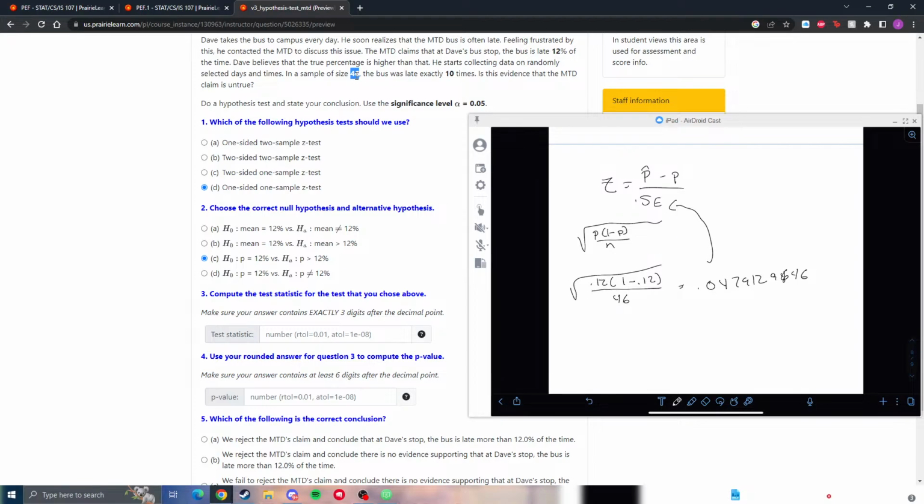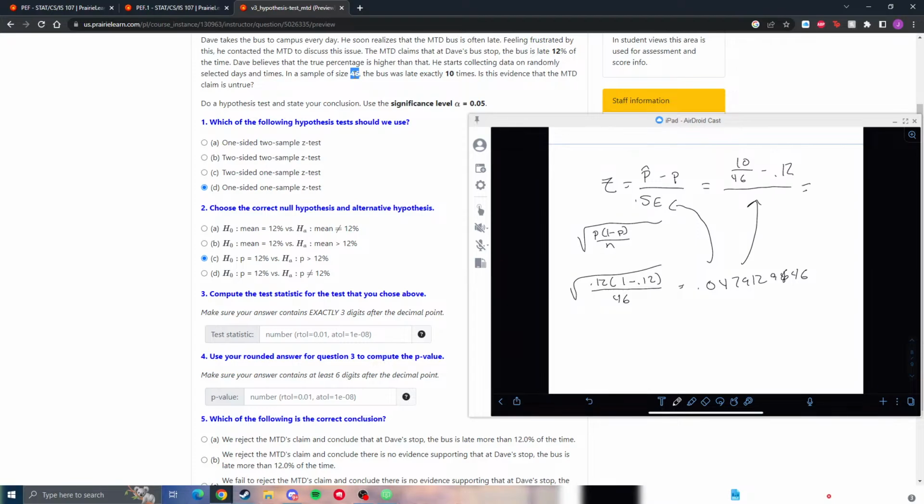And then our p hat, we need to calculate that. That is 10 over 46. So 10 over 46 is 0.217, but we're just going to keep it as 10 over 46. So 10 over 46 minus our true p of 0.12 divided by our standard error that we just calculated. I don't want to rewrite it, so I'm just drawing the arrows.